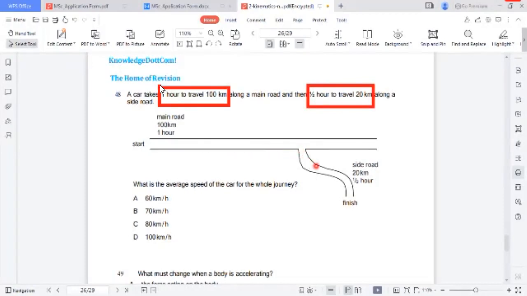This is a side road which is approximately 20 kilometers, and this distance is traveled by the car in half an hour. Let's calculate the total distance. Total distance is 100 plus 20, so total distance is 120 kilometers.